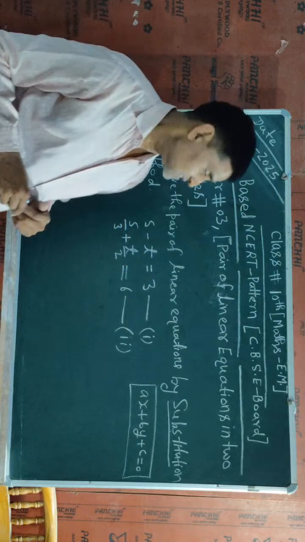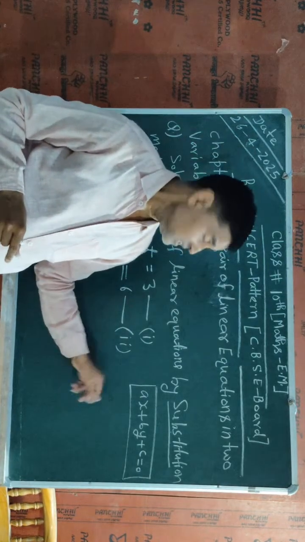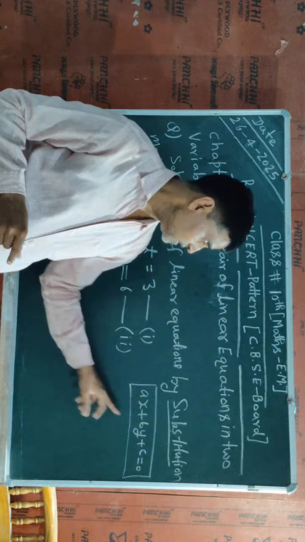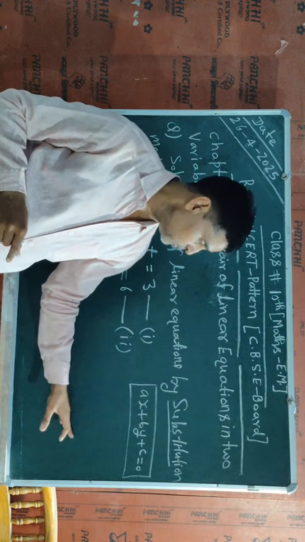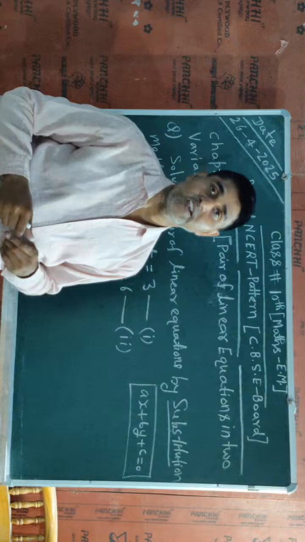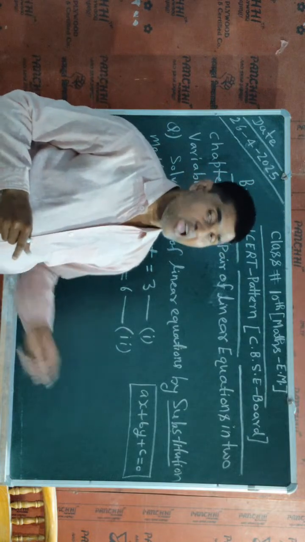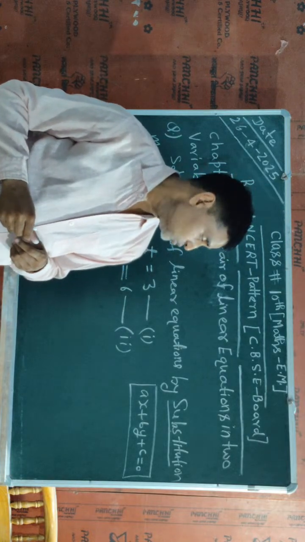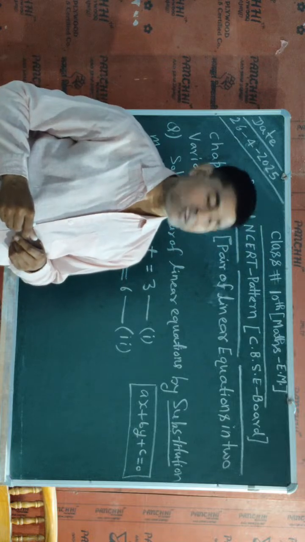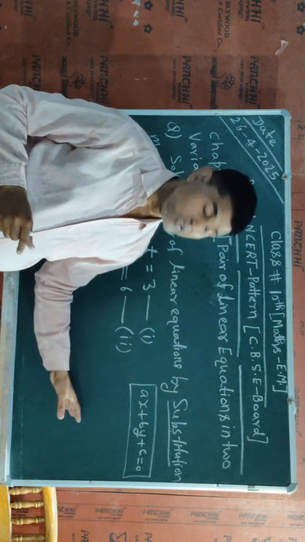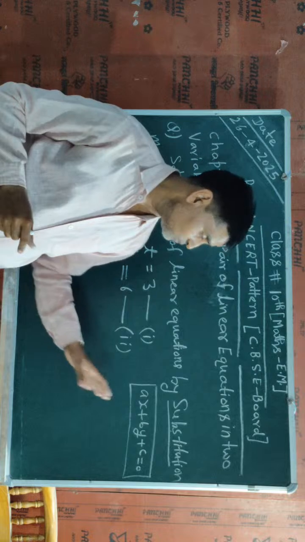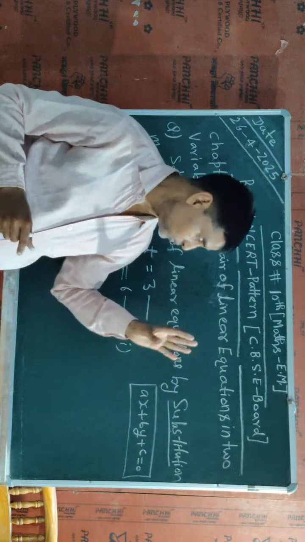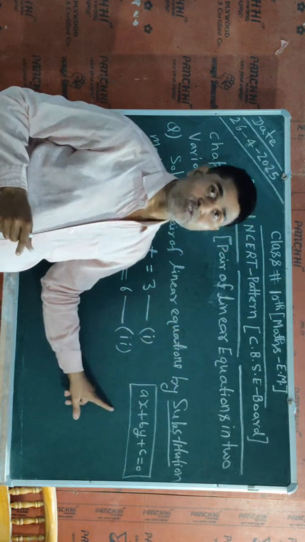The second condition is that a1 divided by a2 is equal to b1 divided by b2, which is not equal to c1 divided by c2. In this case both lines are parallel to each other. It means that both lines will not intersect at a real point. I will imagine that both lines intersect at infinity. It means that there is no solution here.